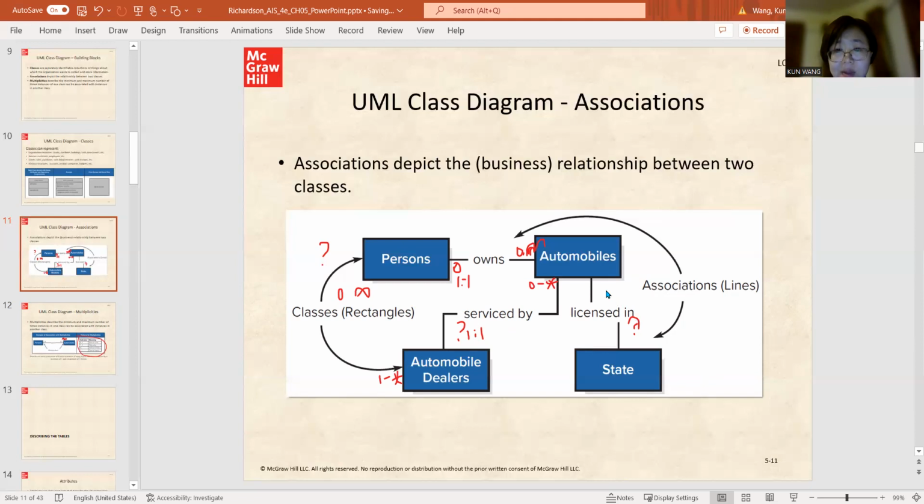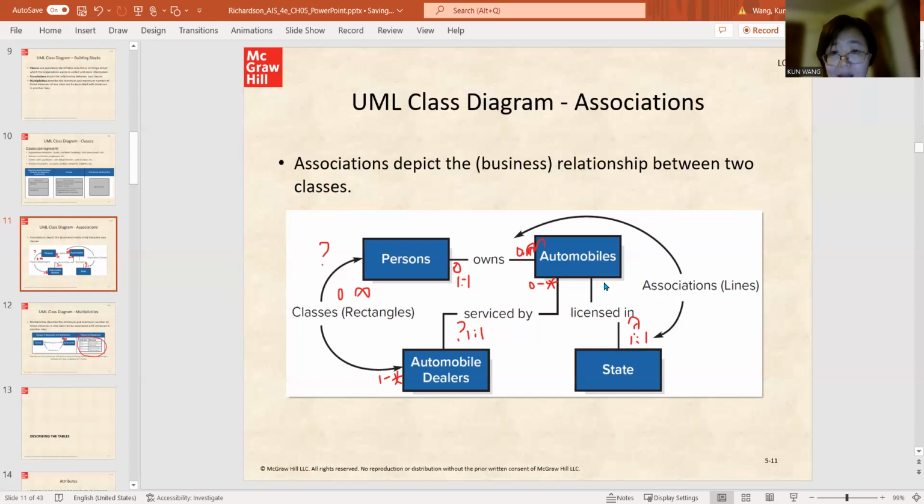And then the car, I think at one time it can only be registered in one state. I believe this is true, right? So you register in the state of Texas and only Texas.